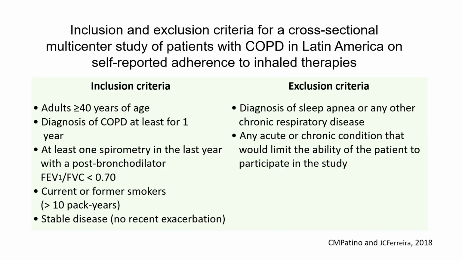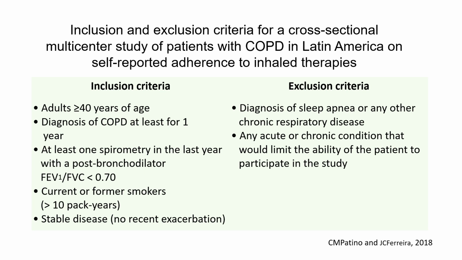This is an example of inclusion and exclusion criteria for a cross-sectional multi-center study which evaluated self-reported adherence to inhaled therapies among patients with COPD, chronic obstructive pulmonary disease, in Latin America.